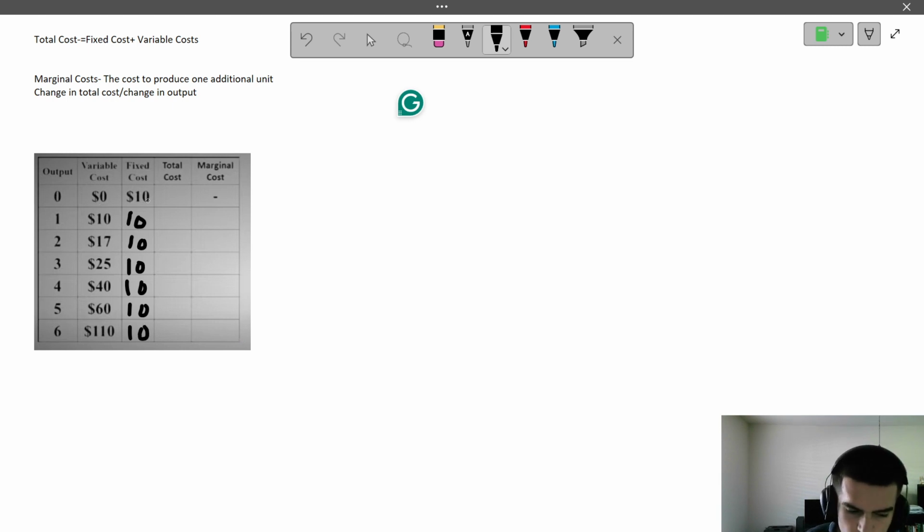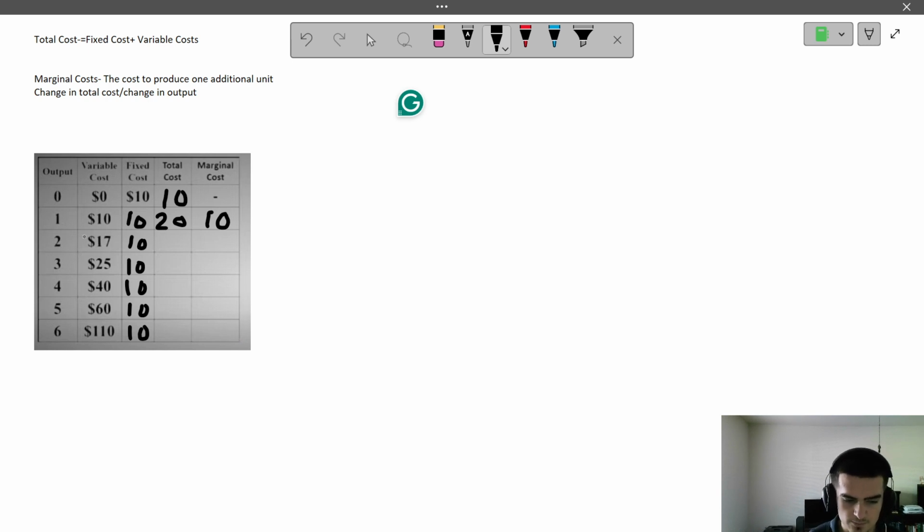If we produce 0, we have our fixed cost of 10, so our total cost is 10. If we increase our output by 1, we have a variable cost of 10 and a fixed cost of 10, so our total cost is 20. What's our marginal cost? From 10 to 20, you increase 10.